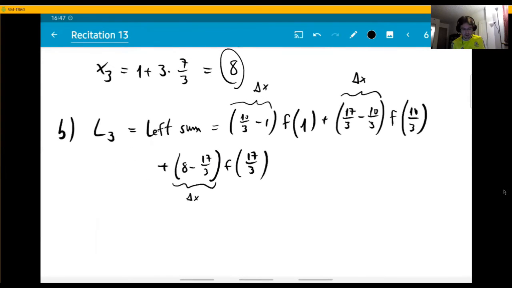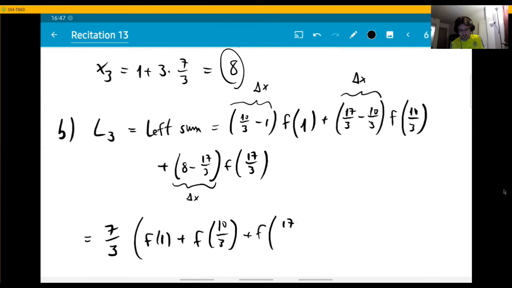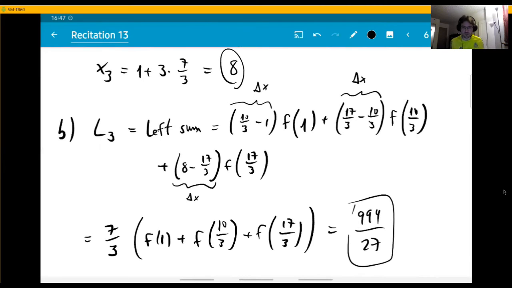Each one of those is this delta x, which was 7/3. So you can leave that outside multiplying the whole sum when you calculate this. This is going to make your life easier, and I'll just plug in these values into the function. As it turns out, you're going to find 994/27. So just check my math here, but that's the Riemann sum.